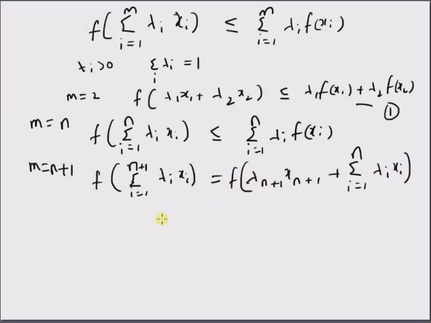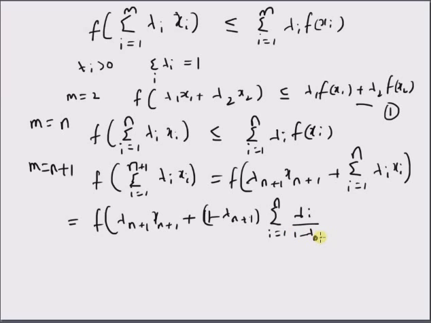So this one is equal to f of lambda n plus 1 x n plus 1 plus 1 minus lambda n plus 1 multiplied by summation i equal to 1 to n lambda i by 1 minus lambda n plus 1. Note that this is still positive, and we have xi here.